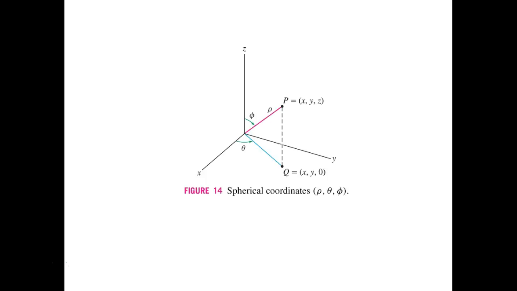And then the phi would be the angle from the z-axis to the line from origin to the point.